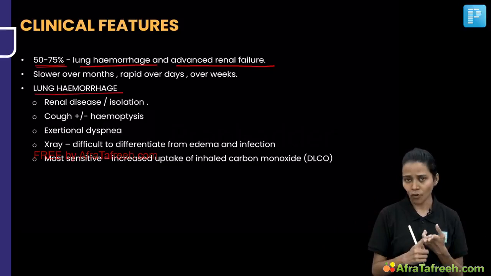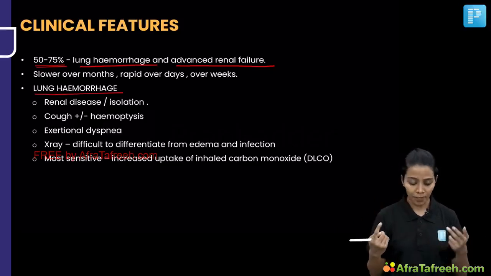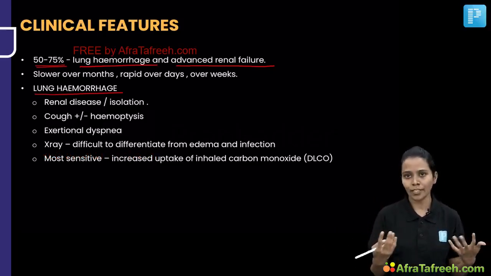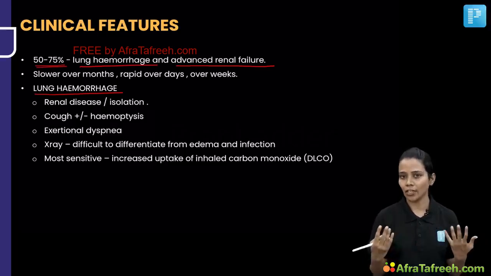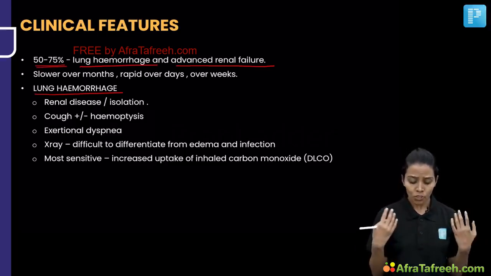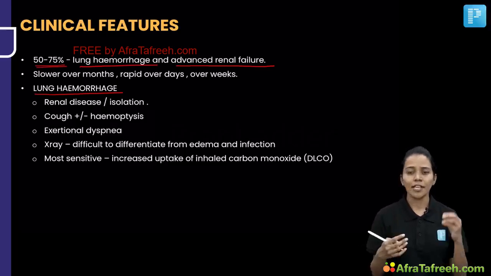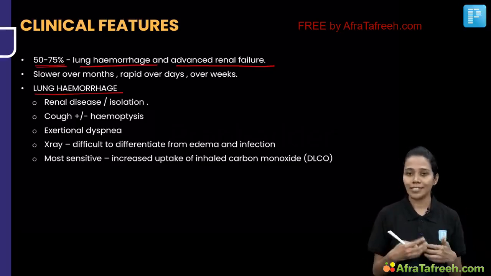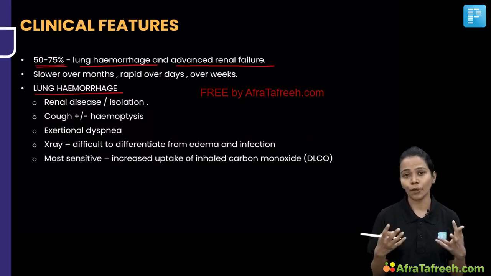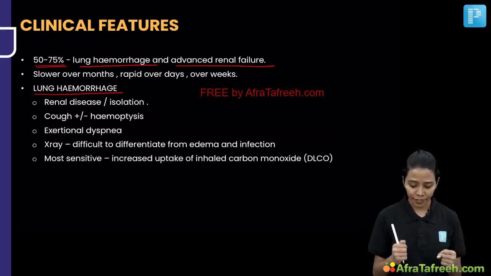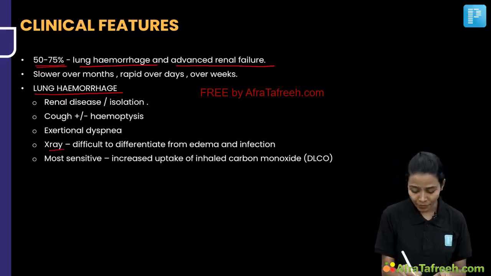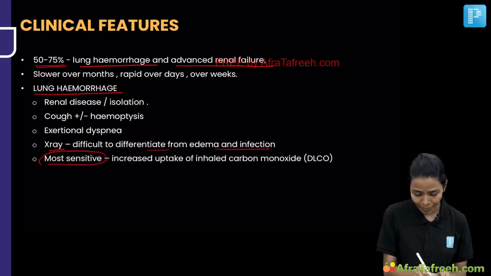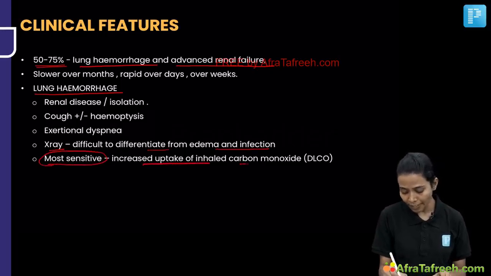The patient can present with cough with or without hemoptysis. If the blood is not coming out, it will collect inside and cause exertional dyspnea. So how to diagnose this? All CKD patients, or all patients with renal failure, are going to complain of dyspnea, so how do we differentiate? On X-ray, it becomes difficult to differentiate between edema and infection. Most sensitive is increased uptake of inhaled carbon monoxide.